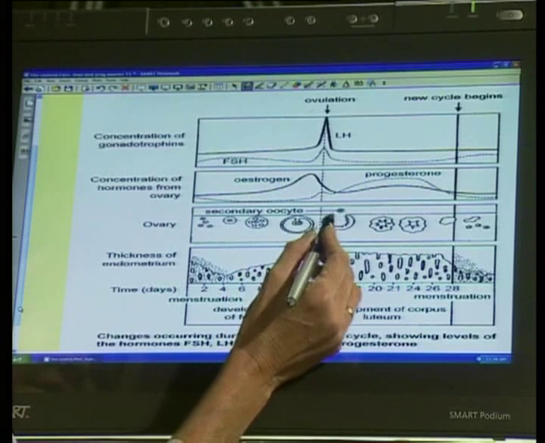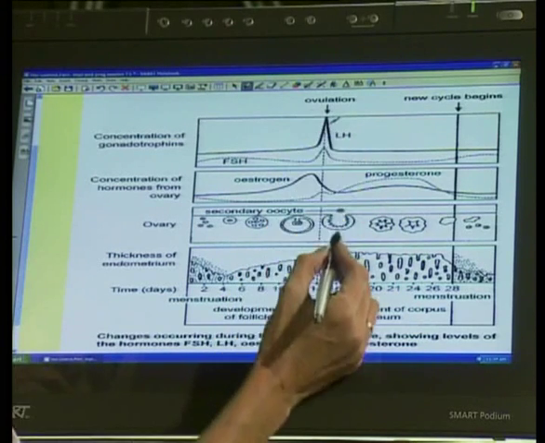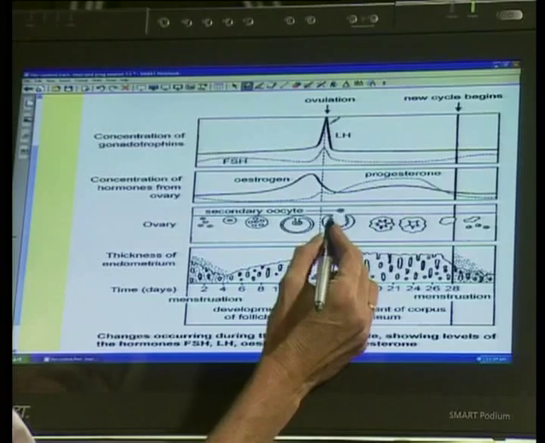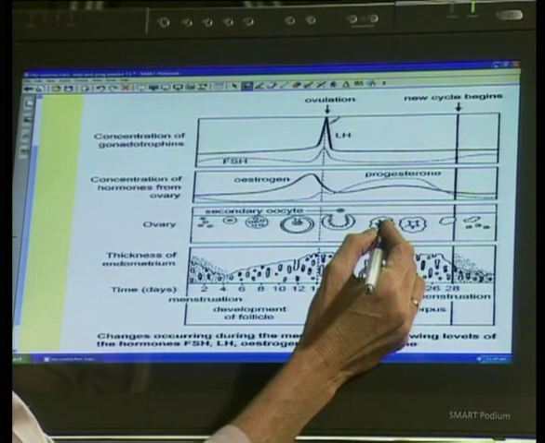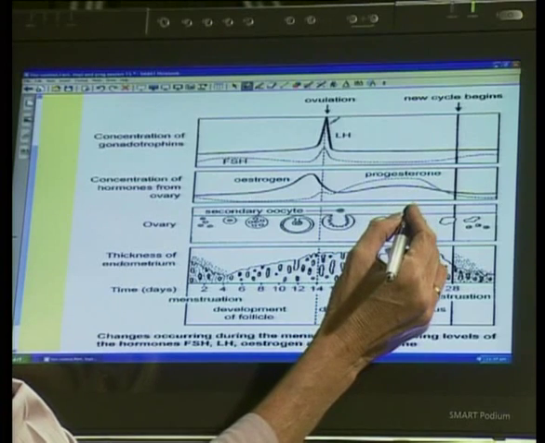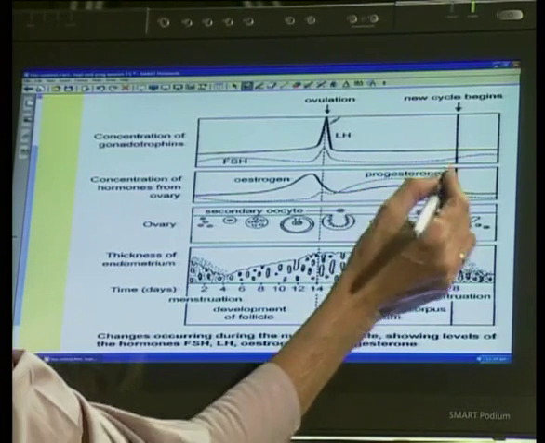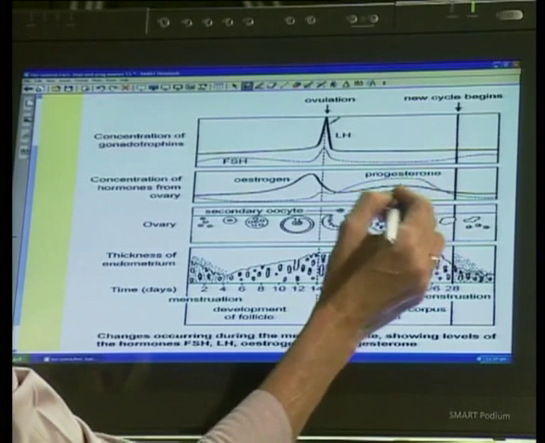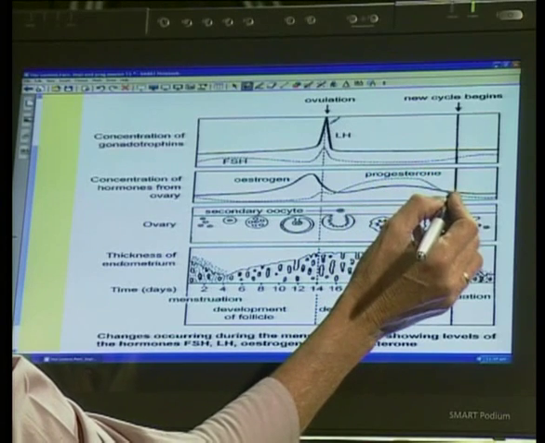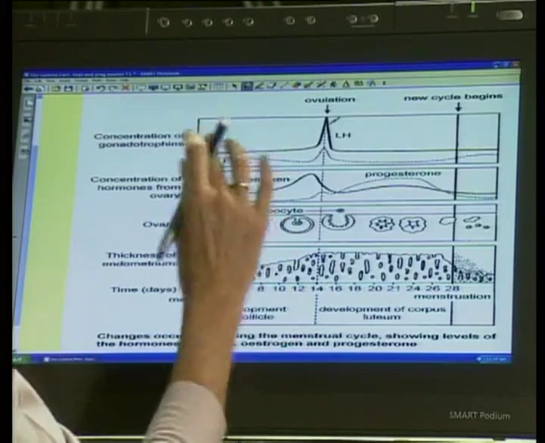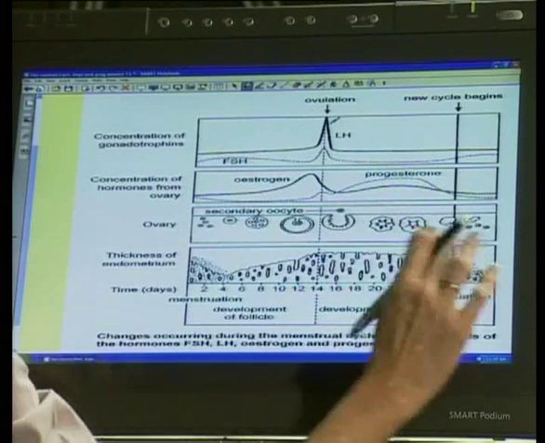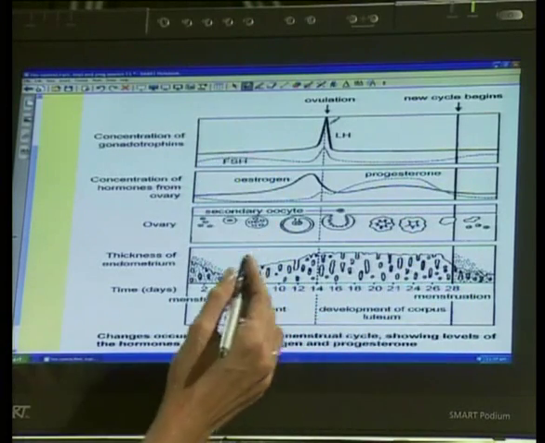Once it is released here, that would be ovulation. All right, and then the corpus luteum will form, and when the corpus luteum forms, it releases luteinizing hormone, which causes the release of progesterone. And that progesterone is what will keep a baby inside during pregnancy. So you need to know these 4 graphs as they work together.